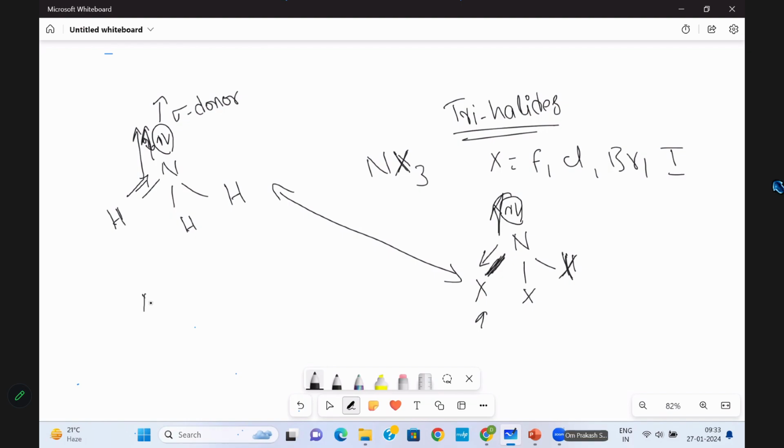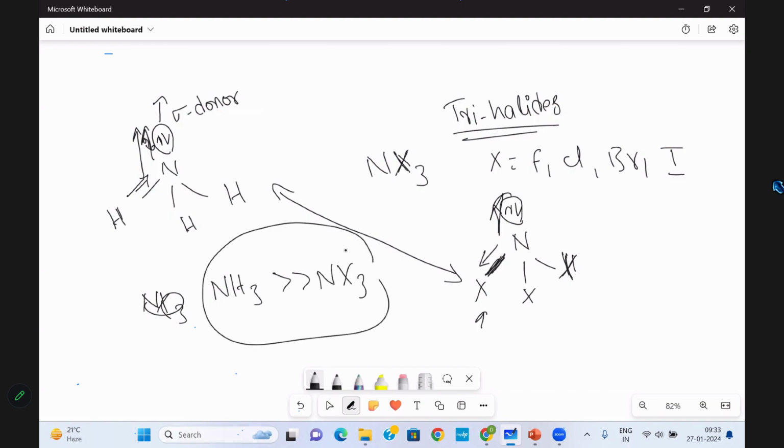So NH3 is a much stronger donor than NX3 species. Now, among all these, which one would be the better sigma donor, NF3 to NI3? NI3. Yes, right. I think it's simple.